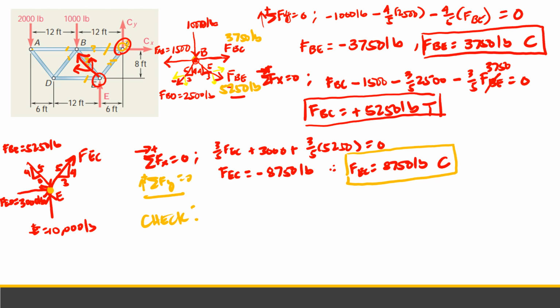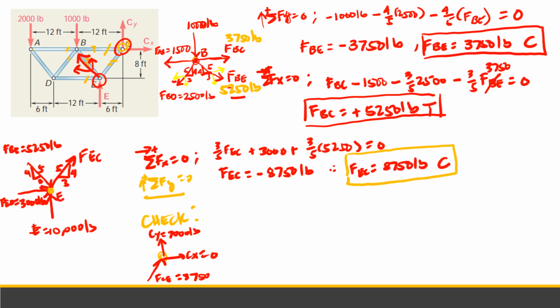So at joint C, we have the forces CY, which is equal to 7,000 pounds, as said earlier, and CX, which is equal to 0, and then force CE, which we just solved, 8,750 pounds.